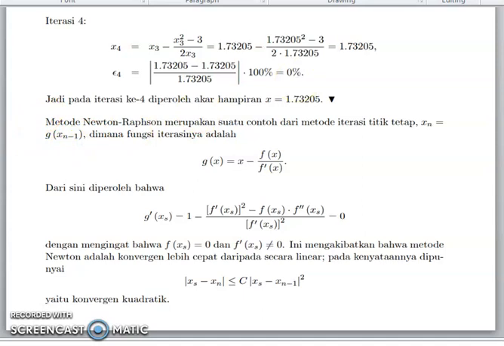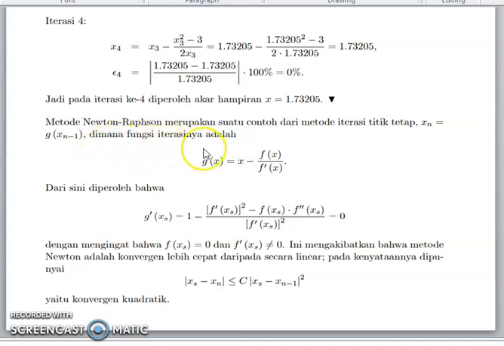So in the fourth iteration, we get the approximate x equals 1.73205.